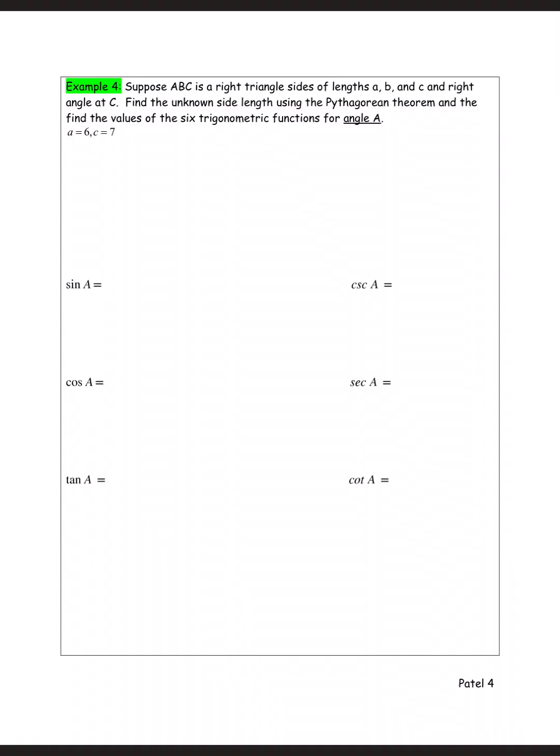Example 4, we're going to find the 6 trig functions for angle A. So we're going to start with the triangle. Suppose we have an ABC triangle. And I'm going to label A down here.